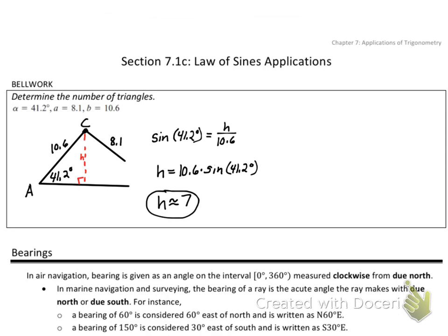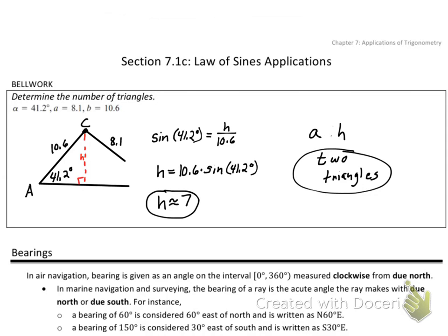So that means my dangling arm, the one that can rotate, is longer than my height. How many triangles do I have? 2. So since our A is greater than our H, we have 2 triangles. Oh, greater than H, sorry.